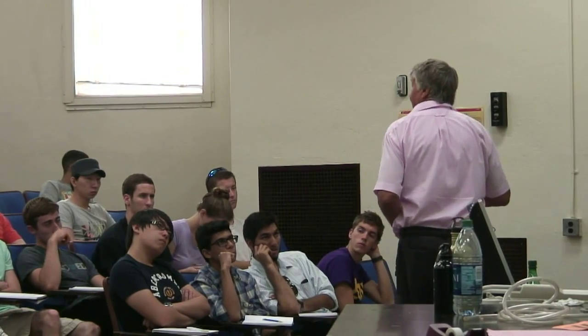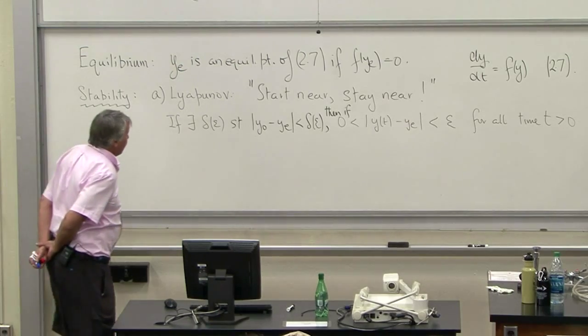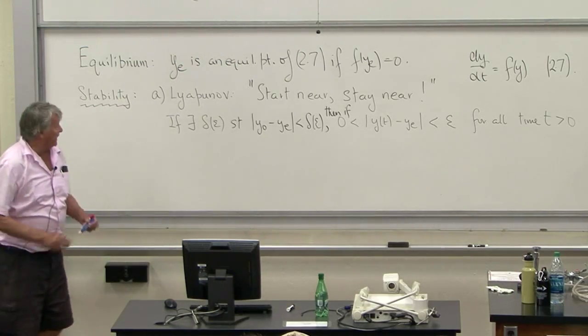And you can't. I mean, in some circumstances, you'll find that the perturbation of a third body will eventually knock this thing out of orbit. But you're quite right. The Earth's orbit around the Sun, if we just have the Earth-Sun system, is Lyapunov stable. Good question. Okay, starts near, stays near.